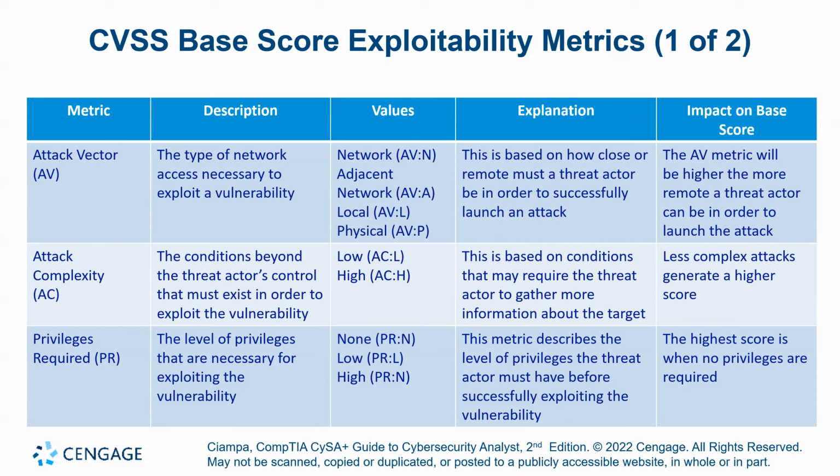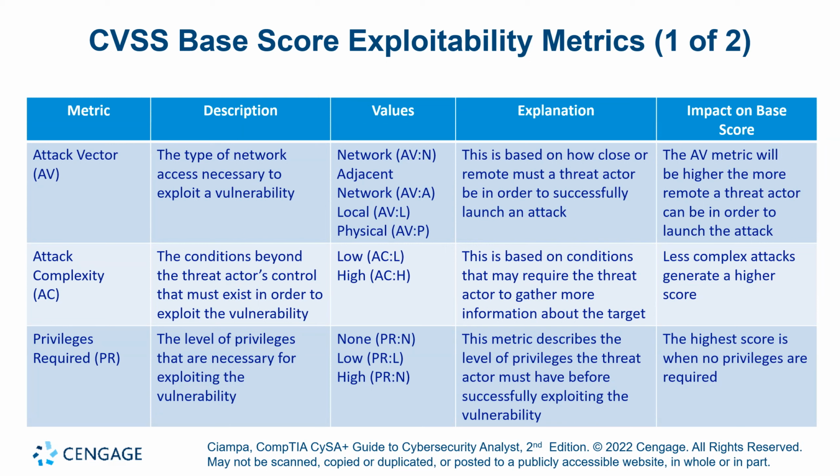The AV metric will be higher the more remote a threat actor can be in order to launch the attack. Basically, you want to make the person get closer and have to have more physical proximity in order to get to your stuff, because that makes it easy for you to catch them. So if you're say in Idaho and they're in China and they have absolutely no problem launching stuff, that's a definite problem.